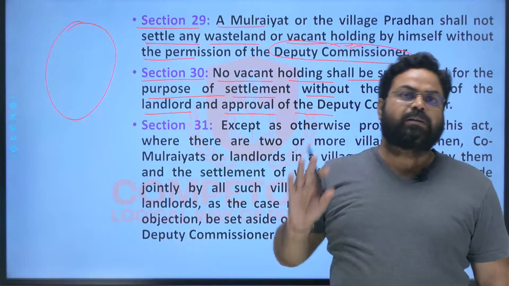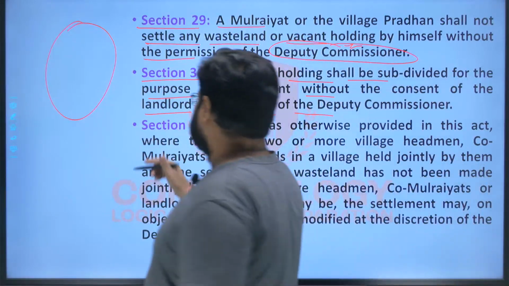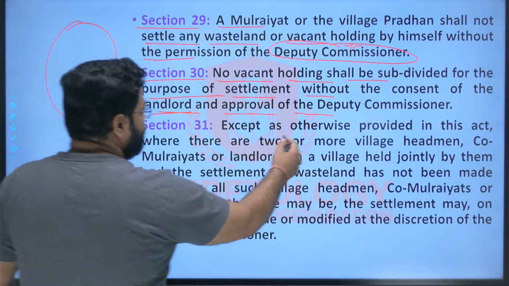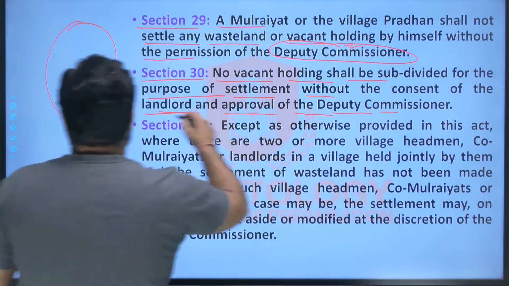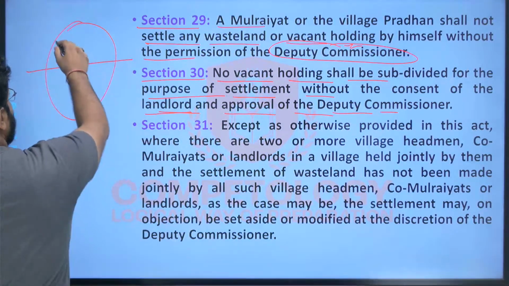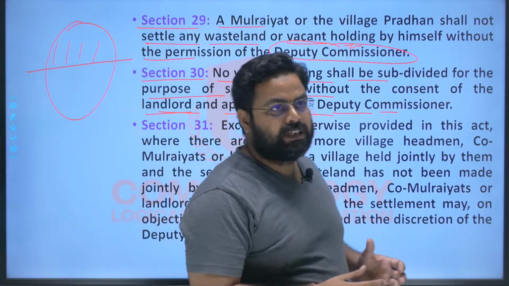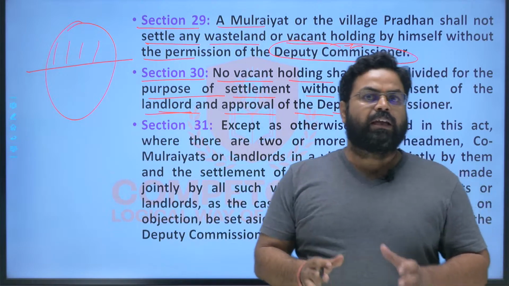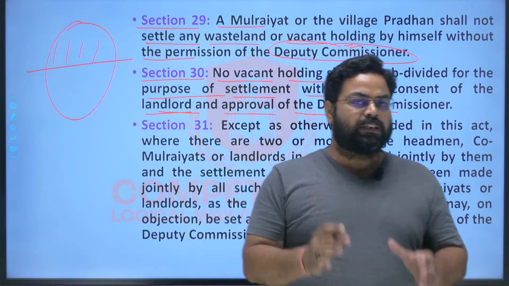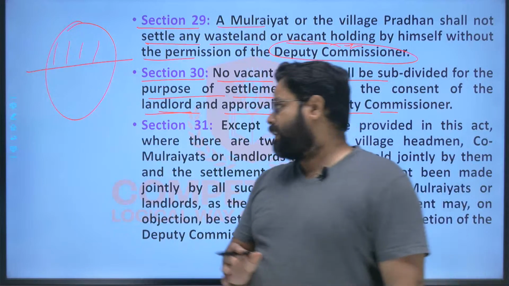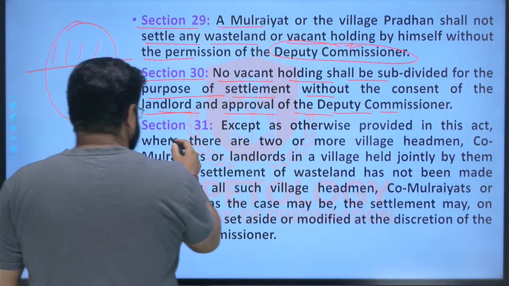But this cannot be done without the permission of the landlord and the approval of the DC. So if it has to be settled with two different rayats, then the prior permission of the landlord and the DC is necessary, right? So section 30 says that.